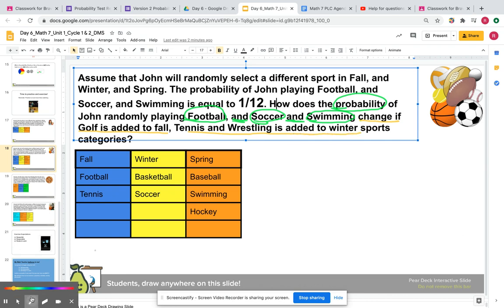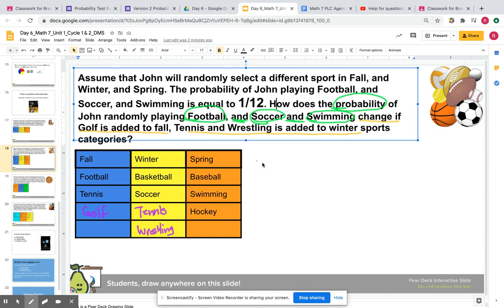So let me go ahead and enter those sports. In fall, we're adding golf. In winter, we're adding tennis and wrestling. So right off the bat, you should know that your probability is going to get smaller.